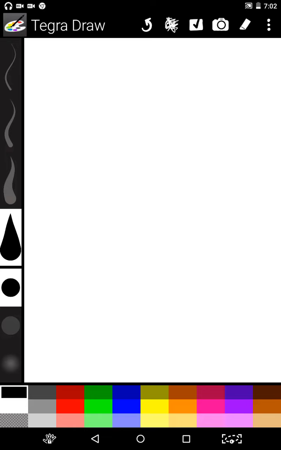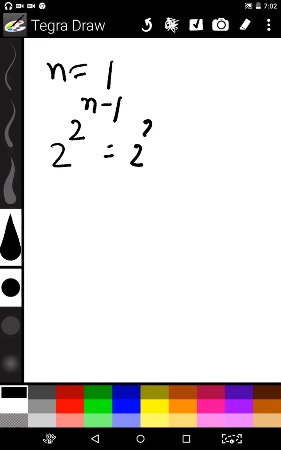For n equal to 1, the number of self dual expressions is 2 to the power 1 minus 1, that is 2 to the power 1, that is 2.